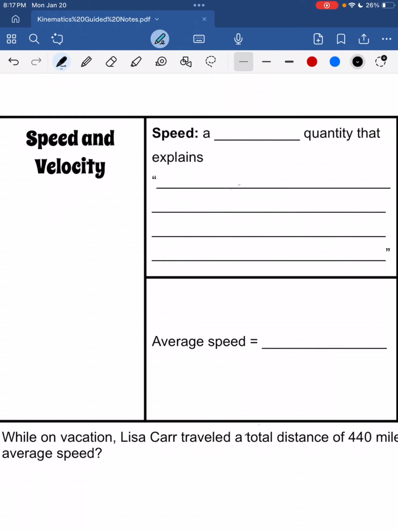Okay, speed. Speed is a scalar quantity. And remember, that means it does not need a direction. It refers to how fast an object is moving. We're pretty familiar with speed.